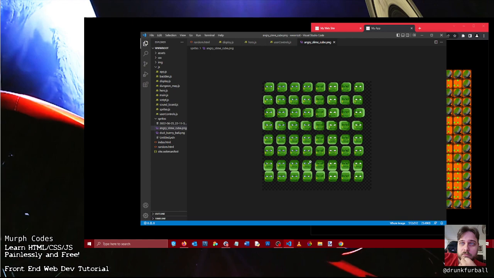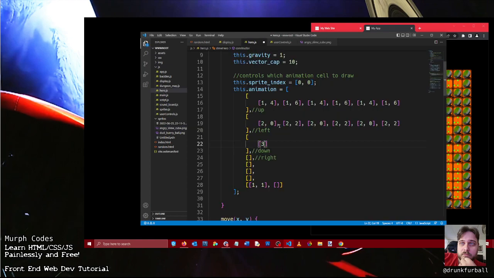We'll go with this row for down. So 0, 1, 2, 3. 3, 5, 3, 7.